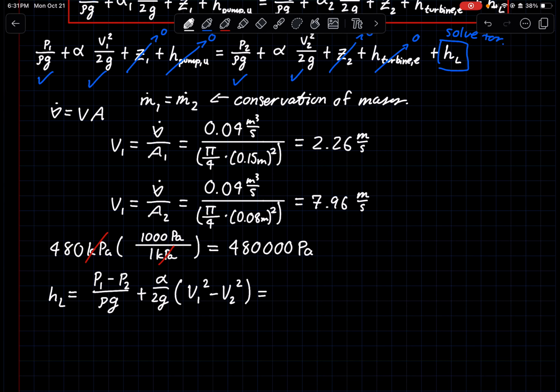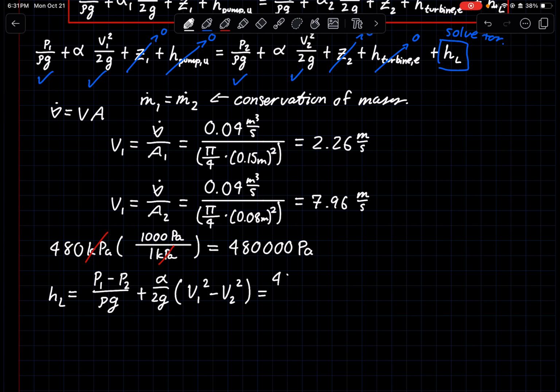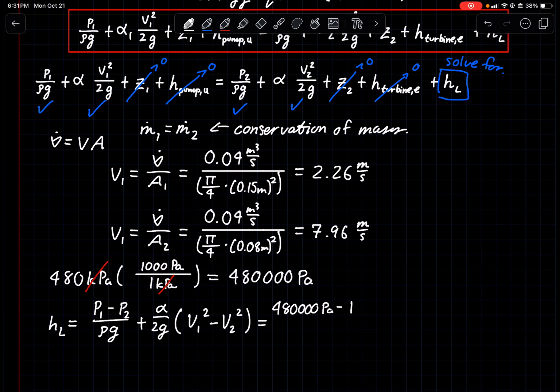So our P1 is 480,000 pascals minus 440,000 pascals.